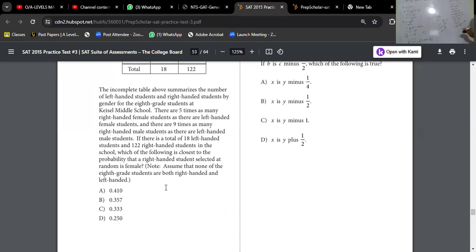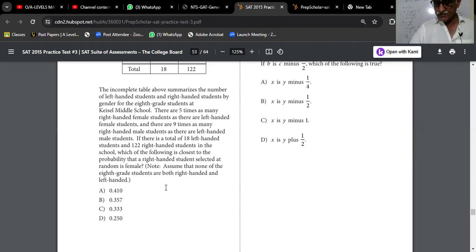So it is the answer of A part. So A choice is the right choice of this question number 29.